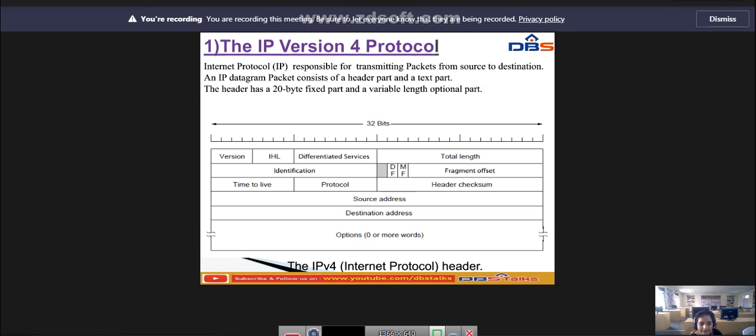In the header, coming to the version field, its complete size is 32 bits. Here every field has an explanation. Version keeps track of which version of the protocol the datagram belongs to.